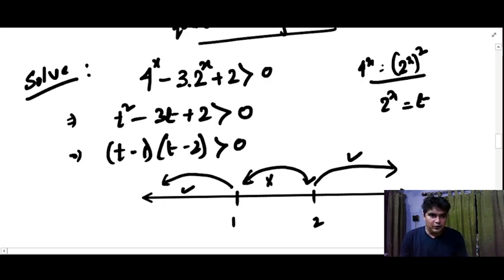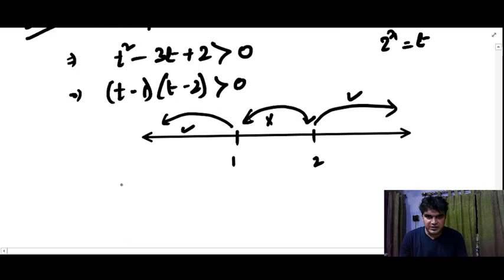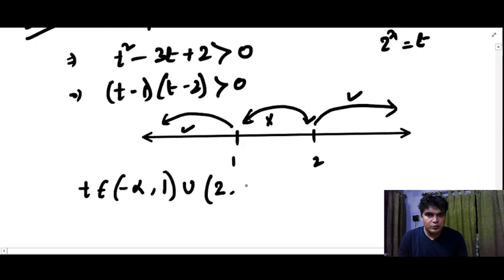So t belongs to minus infinity to 1 union 2 to plus infinity, right?